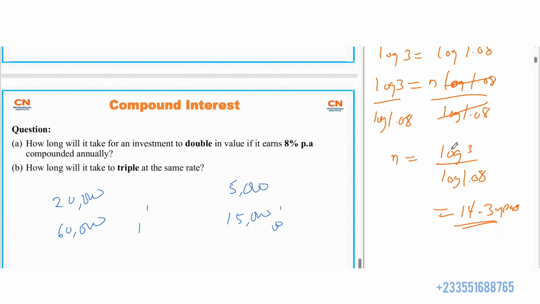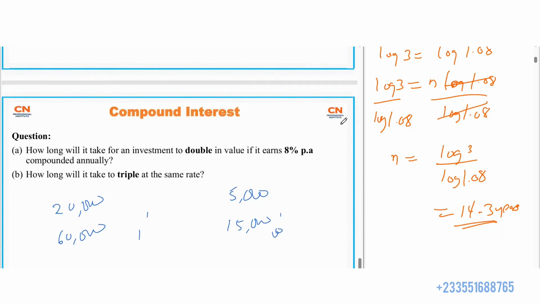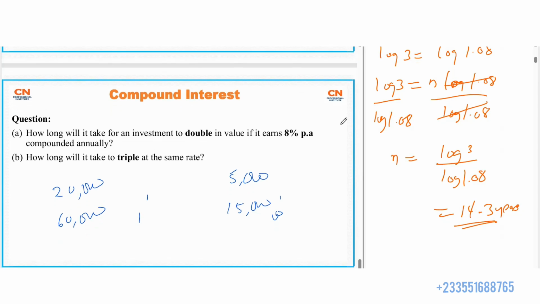So let's end here. In this video, we looked at compound interest. We solved some computations on compound interest. That's not all. We have exciting topics coming up, so you can check videos on that: annuities, accounting rate of return, internal rate of return, profitability index, payback period, and a whole lot.